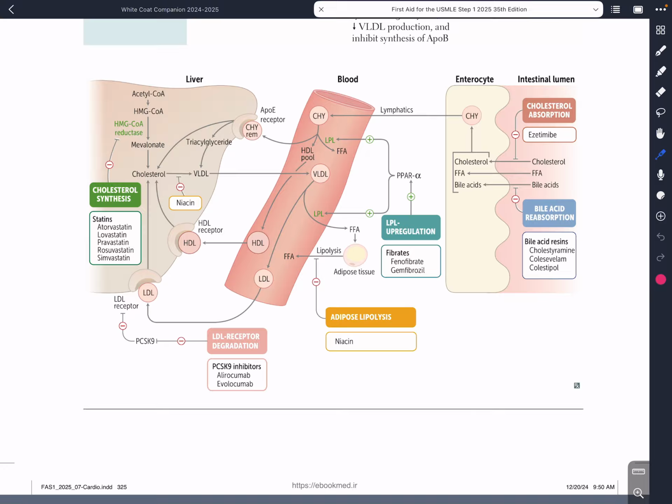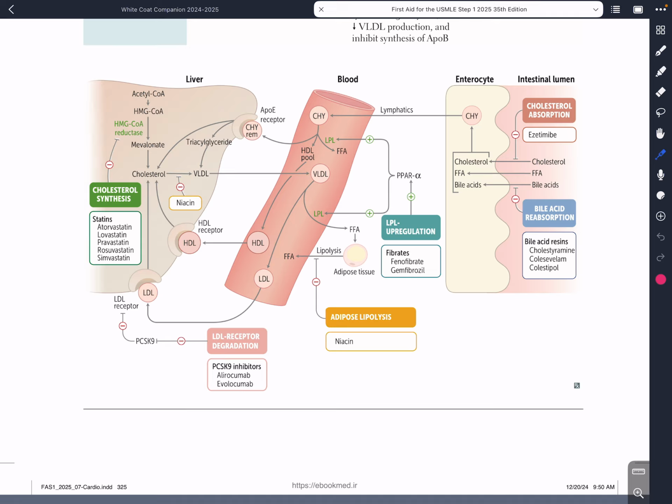The LDL receptor does everything. PCSK9 has just one job: it doesn't allow the LDL receptor to degrade. Drugs that inhibit lipolysis: niacin inhibits lipolysis, so adipose tissue is intact. It doesn't allow lipolysis, so free fatty acids are not formed.